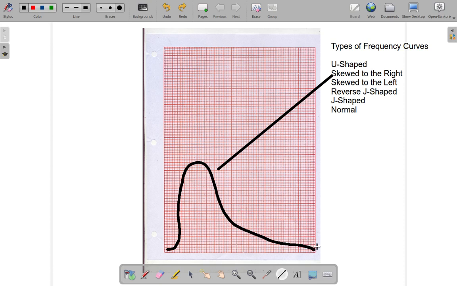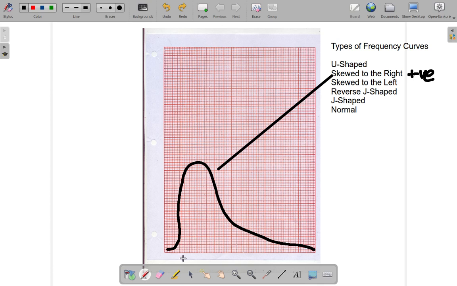So the dog turns so that its tail is to the right. So it's skewed to the right. Sometimes it's called a positively skewed distribution or curve. The curve shows a distribution, so I'll also say distribution. So the skew to the right is also referred to as a positively skewed distribution.